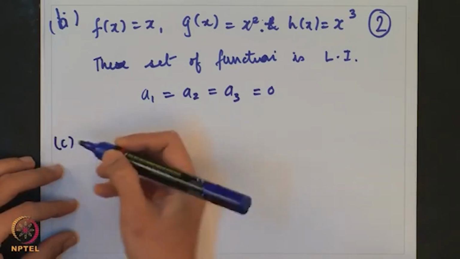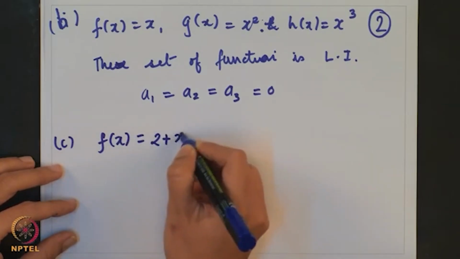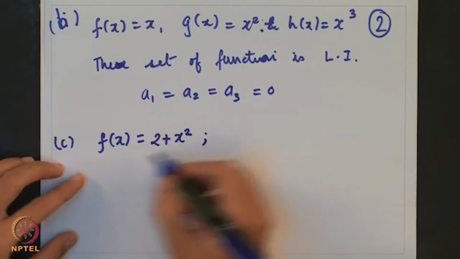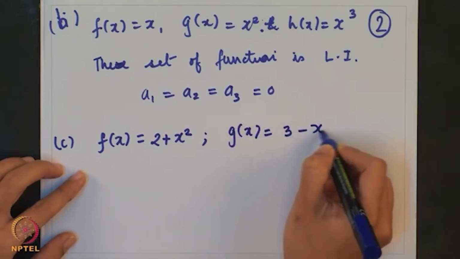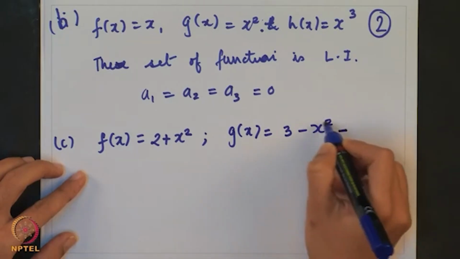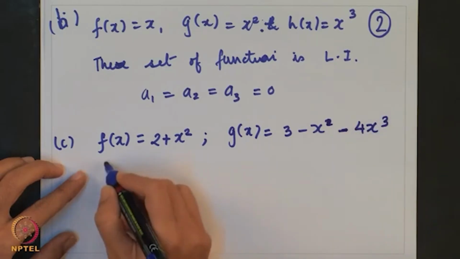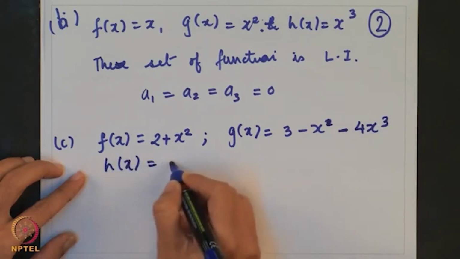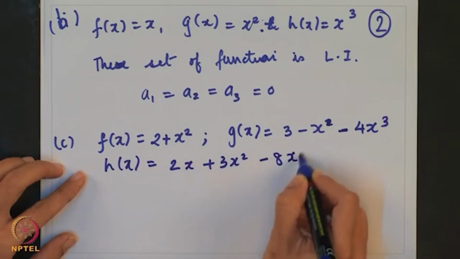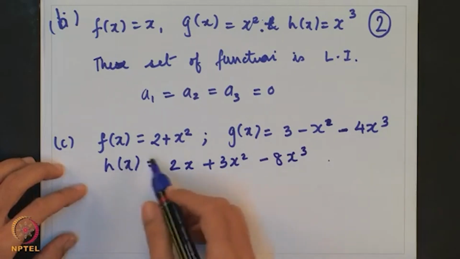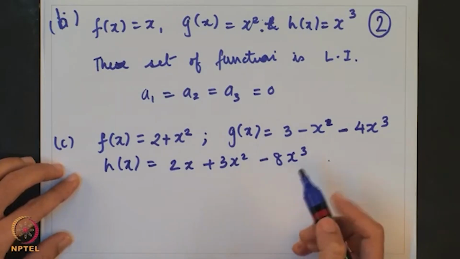In part C again you can easily check that this is f of x, g of x is 3 minus x square, sorry, minus x minus 4 x cube, and h of x is 2x plus 3x square minus 8x cube. You have to check whether it is linearly independent or not.